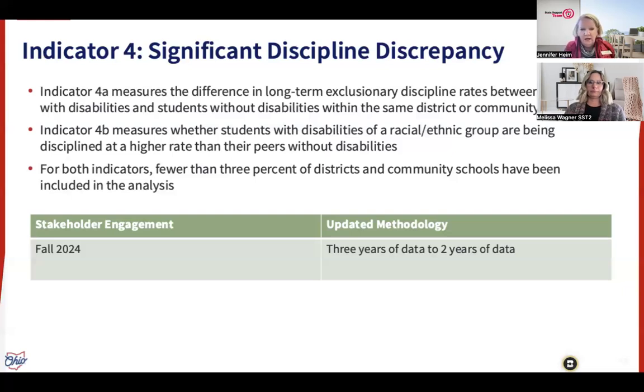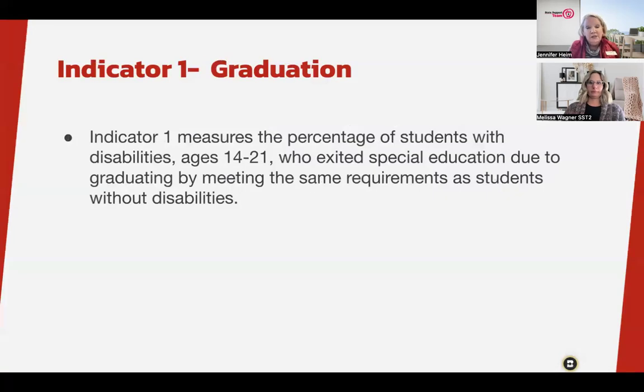And you can see that what OEC is using for the fall of 2024, they engaged in some stakeholder engagement activities, and they have updated how they're calculating this from 3 years of data to 2 years of data, beginning with this profile. And I'm going to turn it over to Melissa to talk about graduation and dropout.